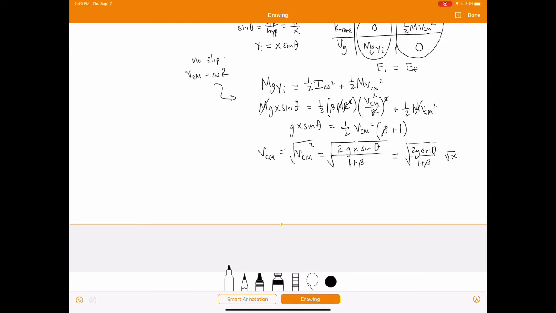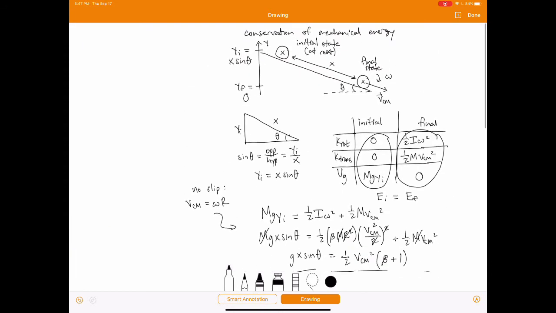Okay, but all of this stuff in front of the square root of x is one big constant. So instead of writing all of that stuff over and over again, I'm just going to call it c. Okay, so that's just a constant, which I'll refer to as c. So a more compact way to write this is VCM is equal to that constant c times the square root of x, which we can write as x to the 1/2 power.